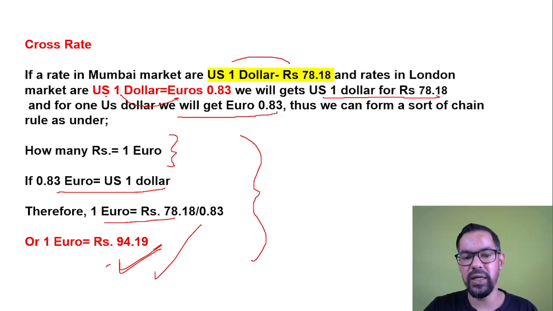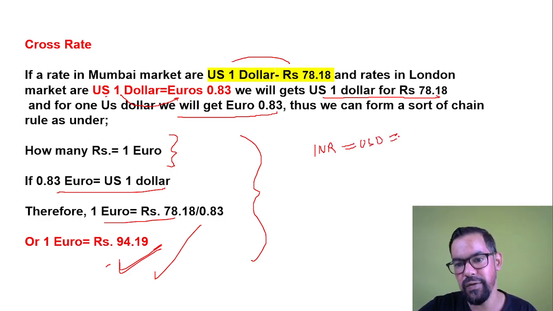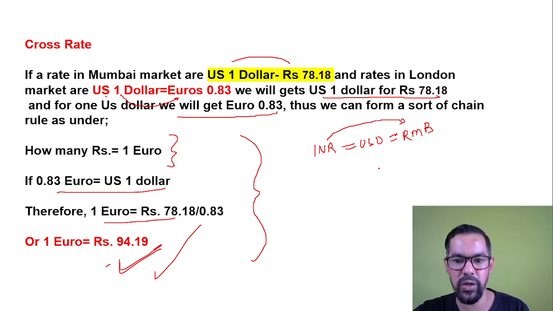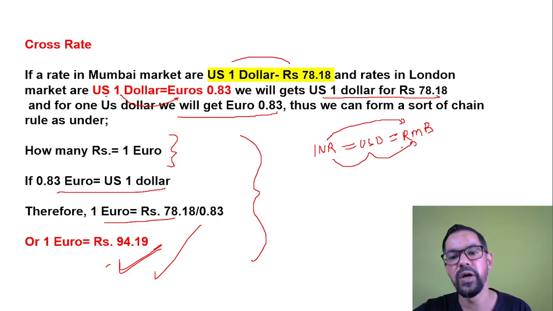Now in this entire journey, we have a chain. First INR, then USD, and then renminbi. We converted INR into renminbi because we do not have a direct quote, so we use the help of USD.